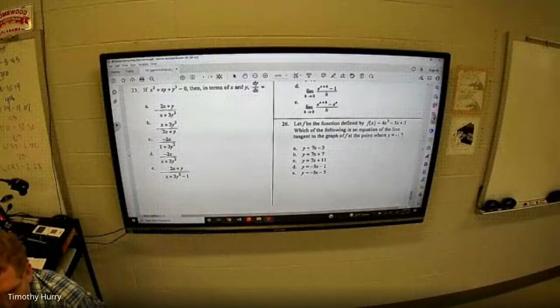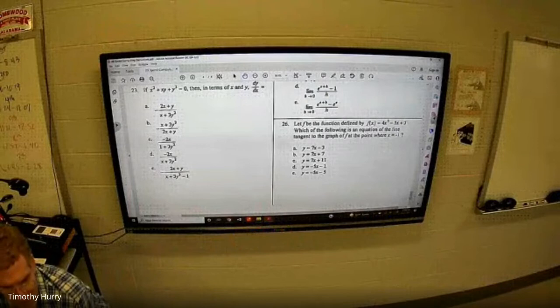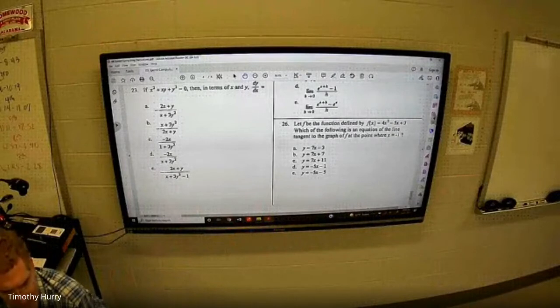Number 6 is just. I think it's a Gaga ball.